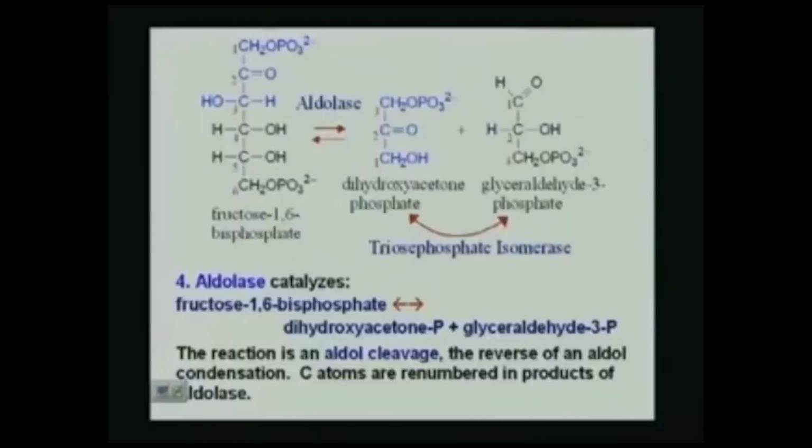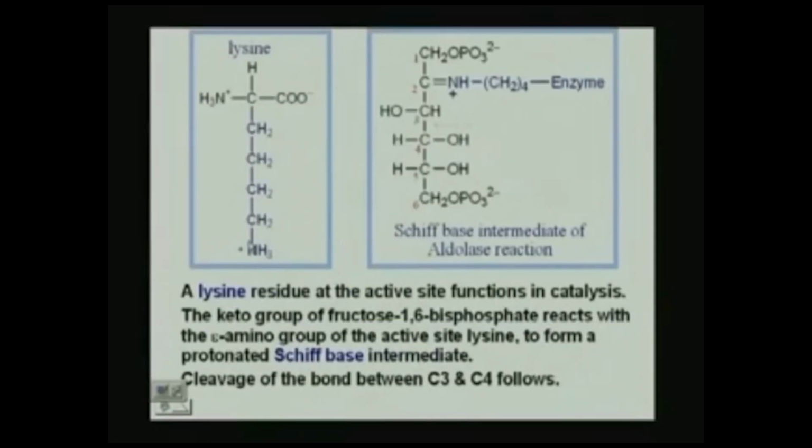What are your products? Your products are dihydroxyacetone phosphate and glyceraldehyde 3-phosphate. Okay, so you have glyceraldehyde 3-phosphate and dihydroxyacetone phosphate, which later on you will see it's written as DHAP and G3P.